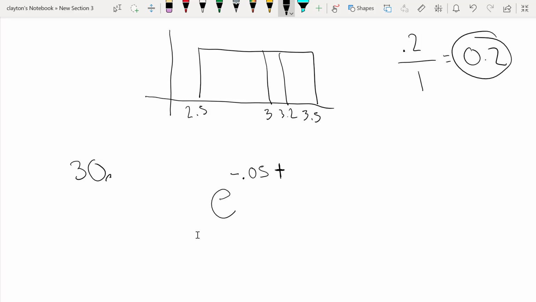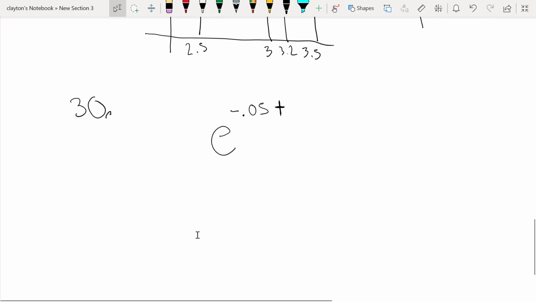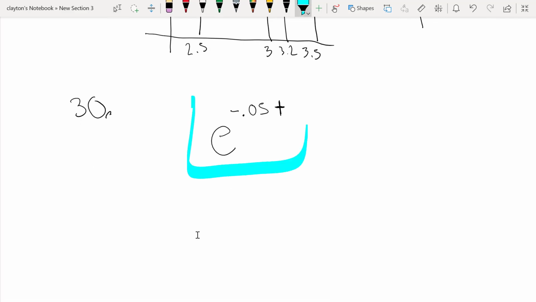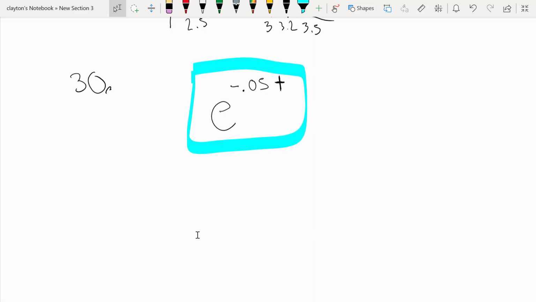Okay, so what we need to know about an exponential distribution, there's a couple different ways of writing it. You can use a theta way and a lambda way. I'm going to use the lambda because it's a little easier for us. It has this form: lambda e to the negative lambda x, right?